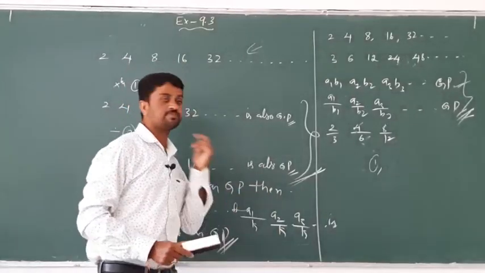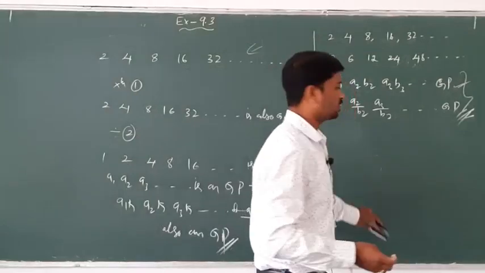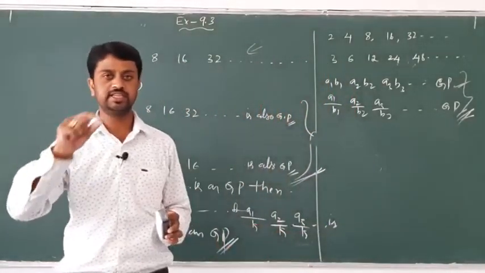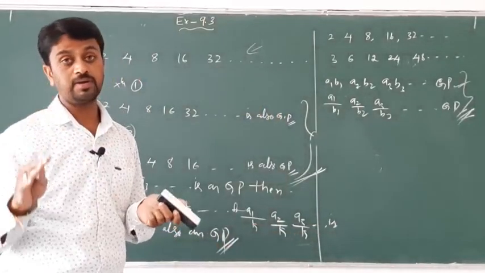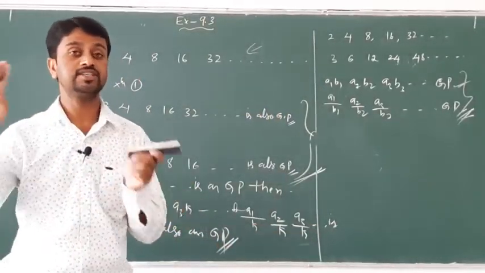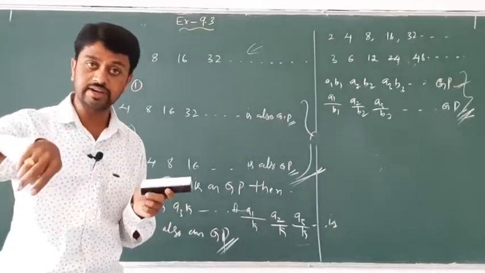Okay, the next point is also very important. Here A1, A2, A3 and so on is a GP. Then 1 by A1, 1 by A2, 1 by A3 and so on is also 100% a GP. Therefore the reciprocal of the terms is also 100% GP.